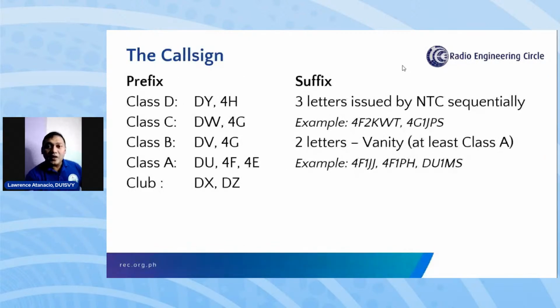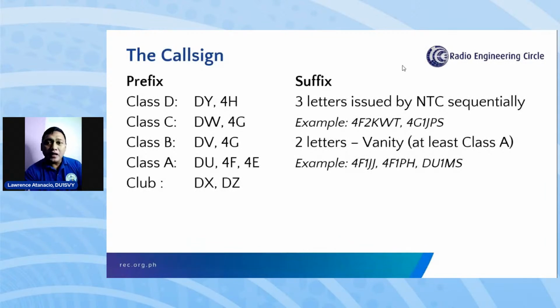Okay, the call sign. So prefix for Class D, we have Delta Yankee, DY. And yung bago nating call sign naman is yung 4H. No? So pagpasa mo, halimbawa, napasa mo lang is element 1, you will be granted the prefix of 4H or call sign.